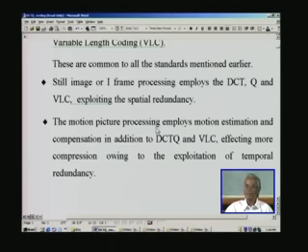Wherever there is a motion change, only there do we need to code, and coding is obviously application of DCTQ followed by VLC and so on. Motion picture processing employs motion estimation and compensation in addition to DCTQ and VLC.